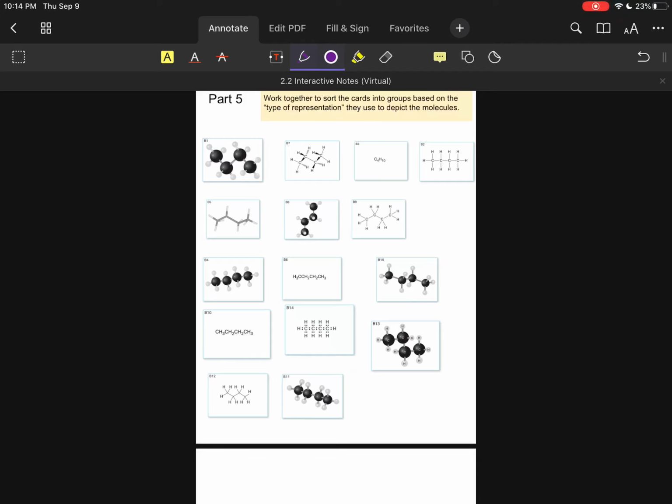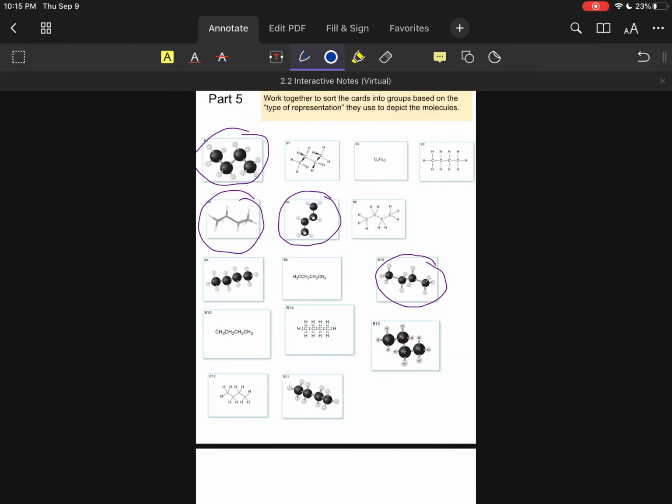In my mind, I'll circle them in colors. I sorted these in one group because to me those were not in a straight line. And I guess this one too. It was showing more the shape of the molecule.